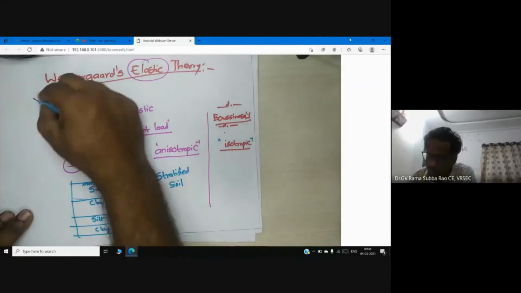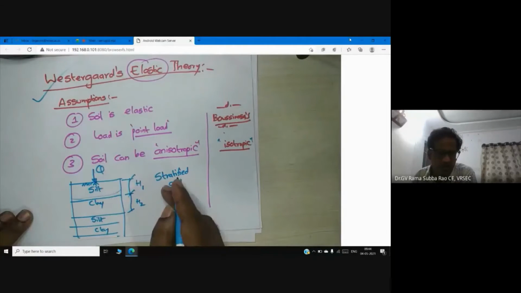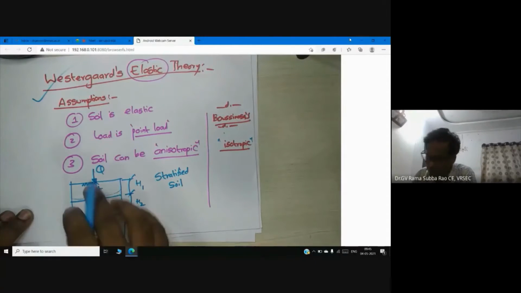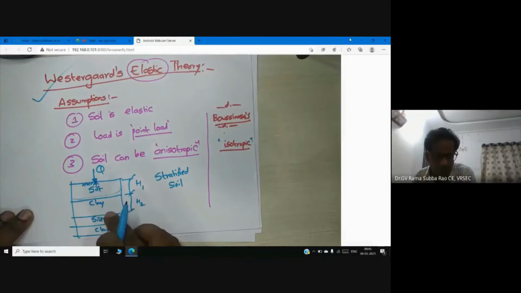Whenever your ground consists of alternate layers of silt, clay, or some other gravel or sand, the soil is not isotropic. Here it is not pure silt, it is not pure clay. There are alternate layers of silt, clay.